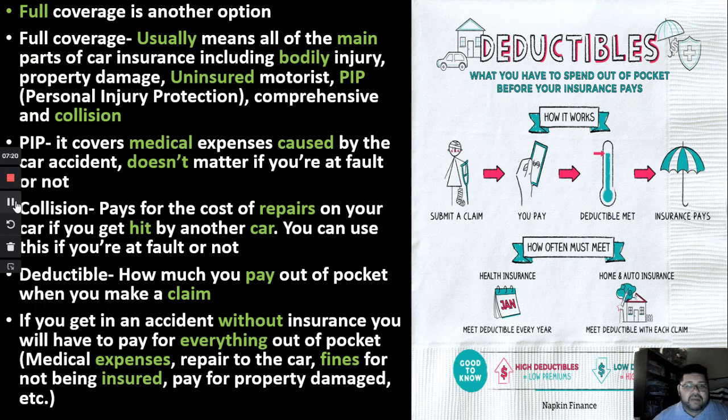Really, how much are you willing to pay? How much can you pay? Just remember this though: high deductibles mean you get lower premiums. Lower deductibles mean you have to pay a higher premium. So it just varies on what you pick and your personal finances at the time when you buy insurance.